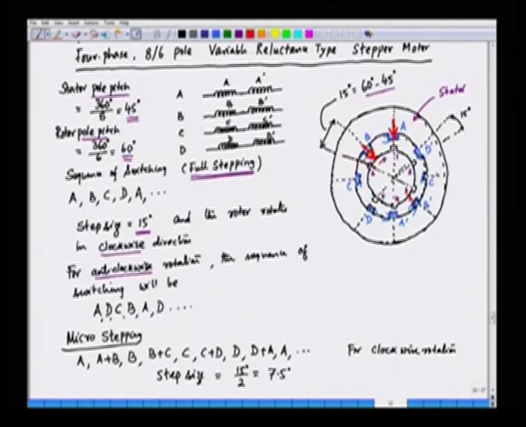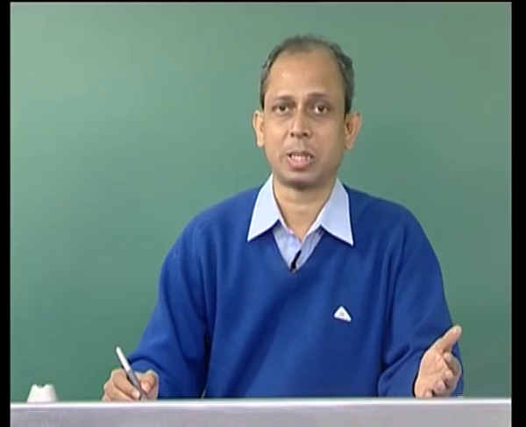It may be downward or upward. So, let us say the MMF is along this particular phase. Now, if that is the situation, the nearest pole is 2. So, 2 will be attracted under phase D, and hence the movement is by an angle of 15 degrees, but the direction is anti-clockwise.